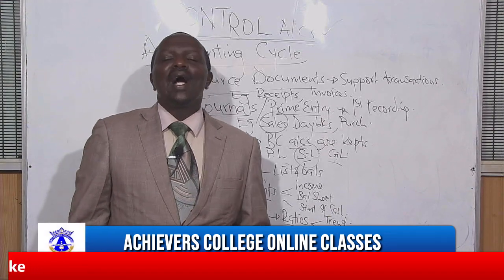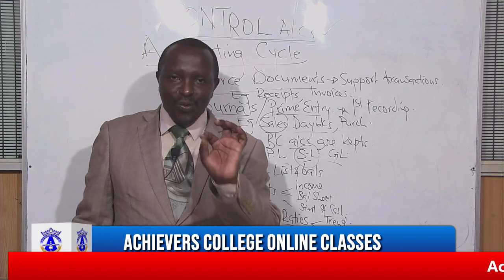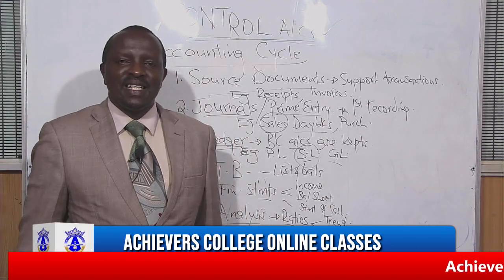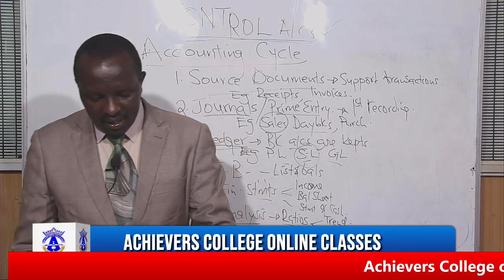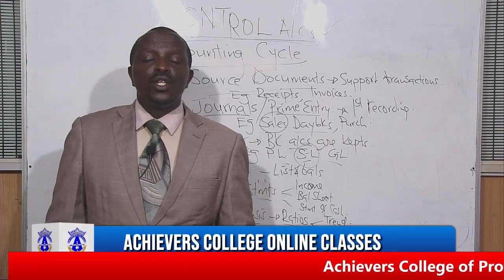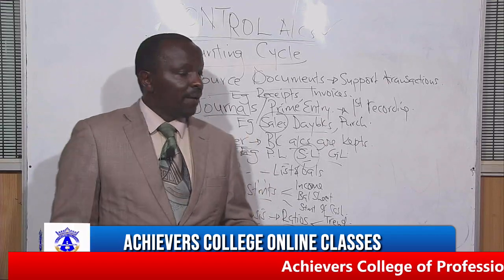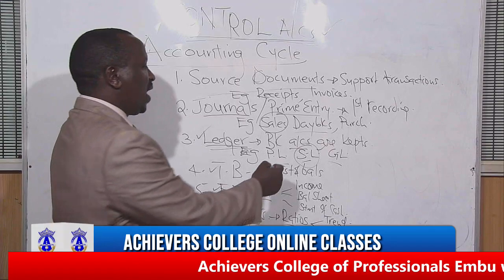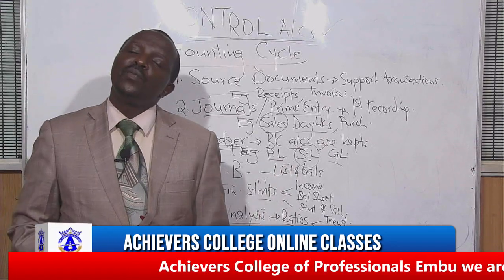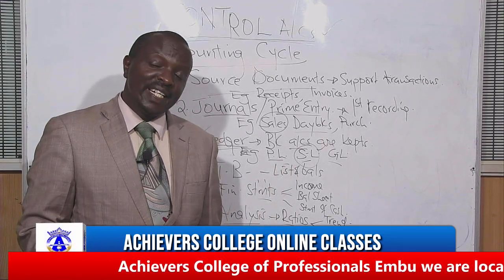Now, control accounts are also known as controlling accounts, just as the name suggests. And therefore, they are simply the total accounts that are usually kept in the general ledger. Remember, I have said there are three types of ledger. In the purchases ledger, you keep the accounts of creditors.